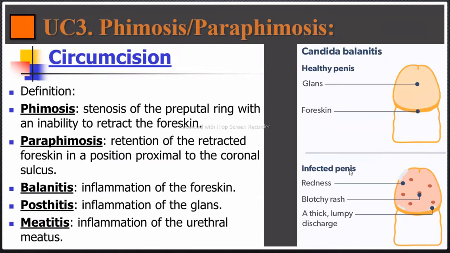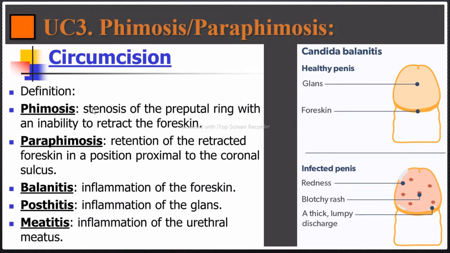If infected, you will find redness of the glans, you will find a blotchy rash, and you will find discharge from the urethra. So three points: redness, rash, discharge.